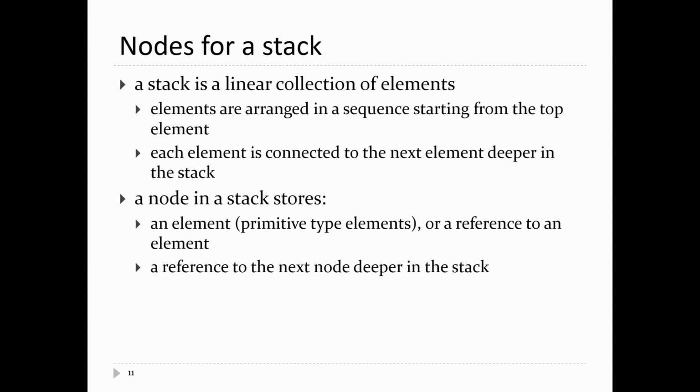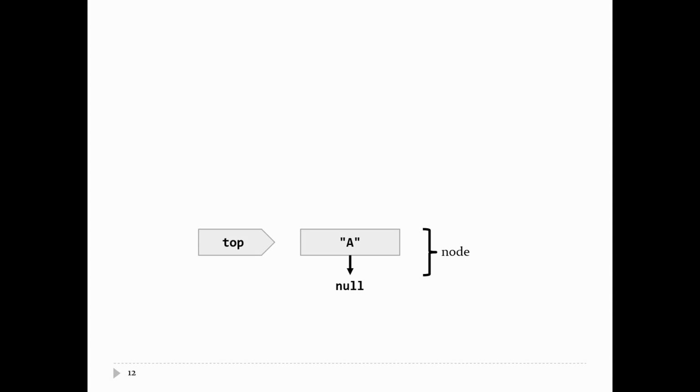So a node in a stack is going to store an element, and a reference to the next node deeper in the stack. I'm going to draw a picture that looks like this. That thing there, that's my node. I have the element in the node, and this arrow that points to the next node in the stack.